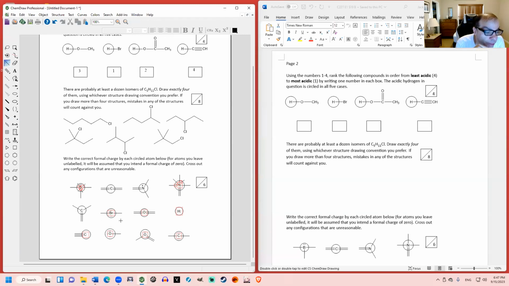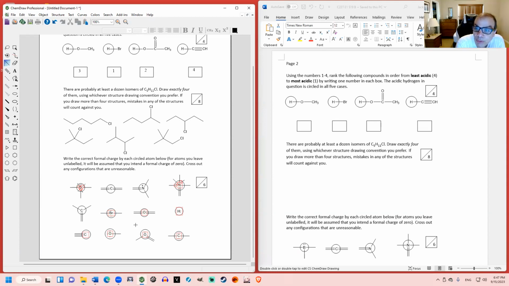Next one has bromine with 2 bonds and 2 lone pairs. And that actually is okay. To figure out the formal charge, we'll use that formula. Number of electrons in the free bromine atom is 7. Valence electrons, 7. Minus the number of bonds is 2. 7 minus 2 is 5.